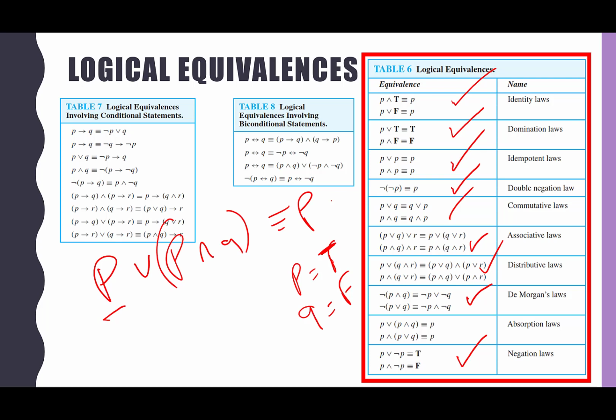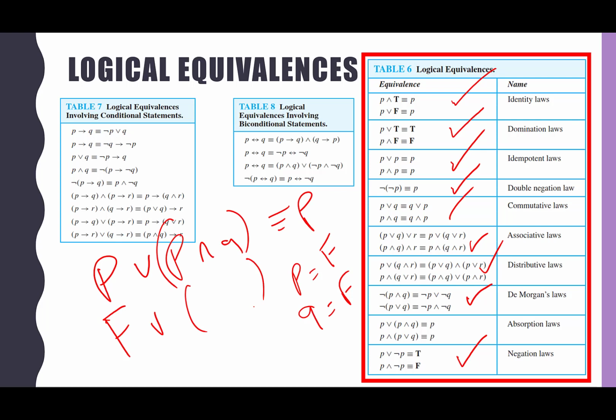What if P were false? Let's go with that. P is false. Now we have false ORed with something. And at the moment, P is false. So if P is false, does Q's value even matter?